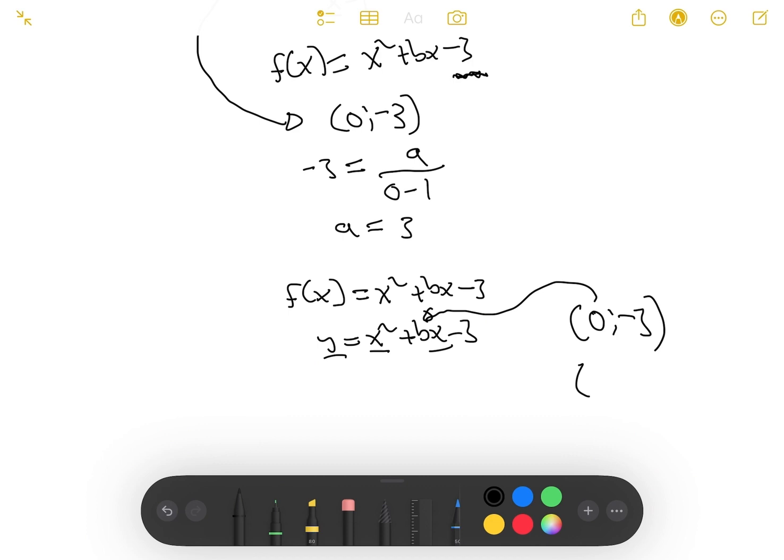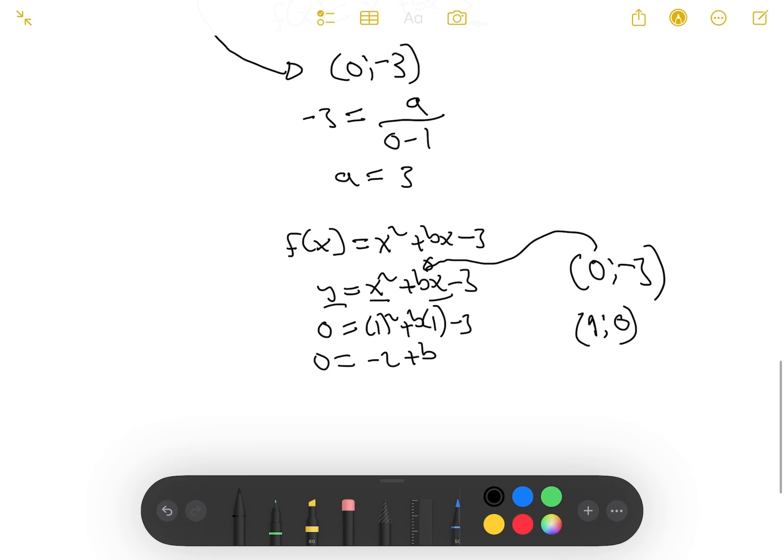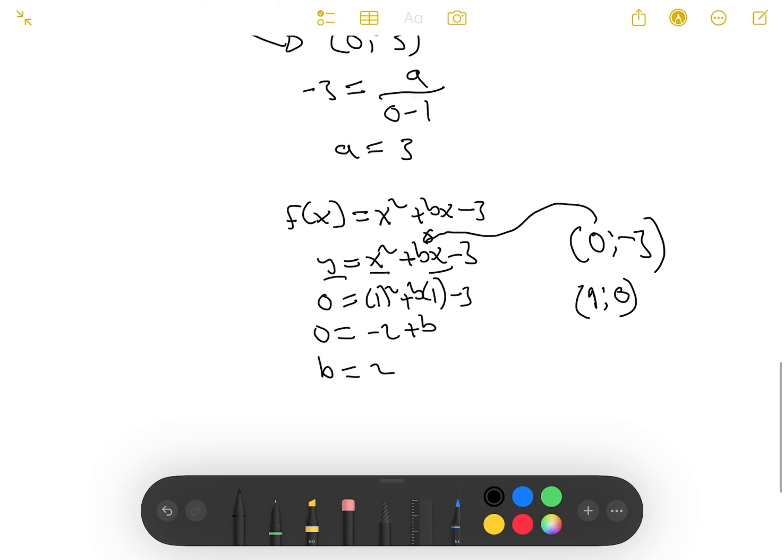So the point we're going to use is the one of (1, 0). Let's substitute. We get 0 equals 1 squared plus b times 1 minus 3. Therefore 0 equals -2 plus b, of which b is equal to 2.